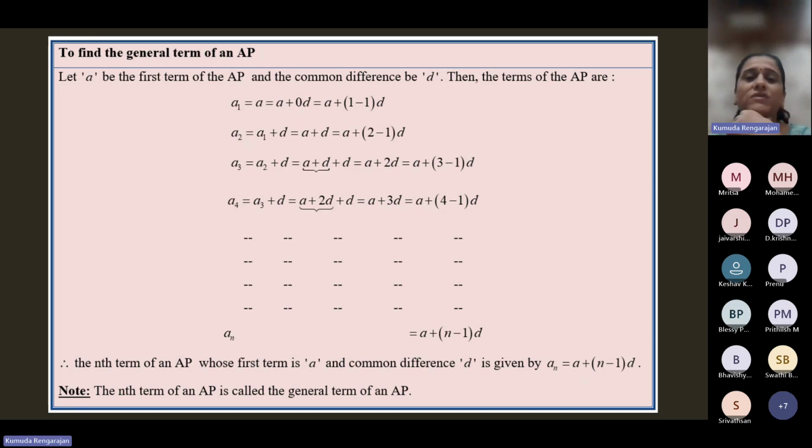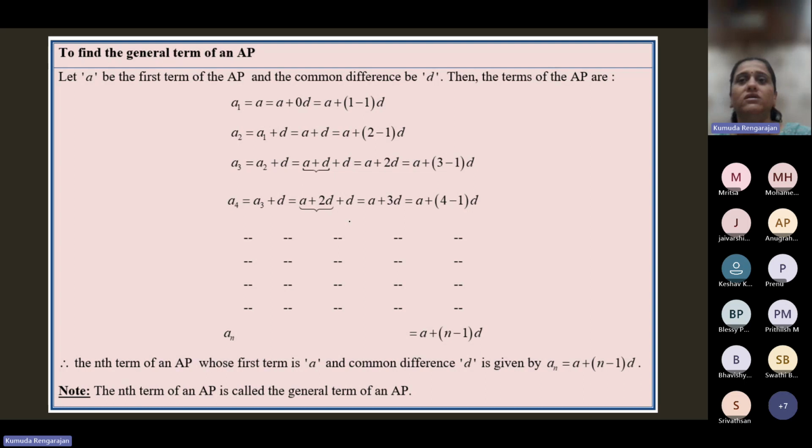We say nth term of the AP or the general term of an AP. Any term of the AP, meaning the 10th term, 20th term, 30th term, nth term, is also called the general term of an AP. The nth term of an AP is called the general term, and general term is any term of the AP.